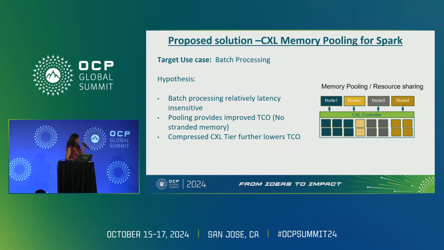All these effects are getting minimized. In that sense, it would improve the TCO because there's no stranded memory now, or it's mitigated. And when you use a compressed CXL tier, which means the data is compressed over the CXL interconnect, that would further lower the TCO.